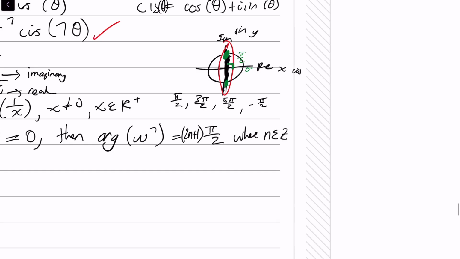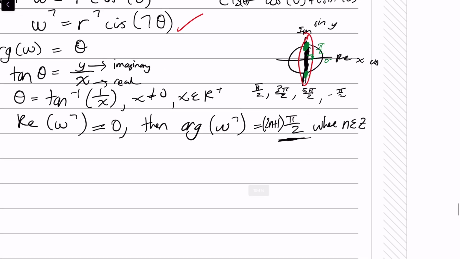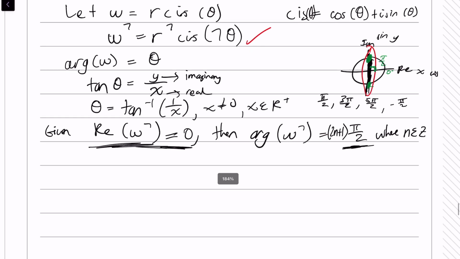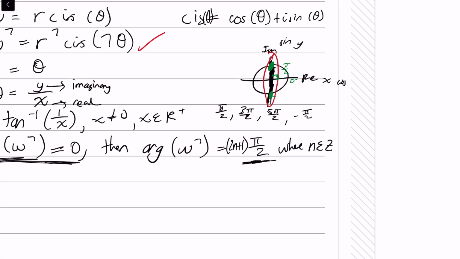My pi over 2 is my base point, and then I can have multiple different angles that still satisfy the condition where the real component for w to the power of 7 is equal to 0. Basically, multiple points on the y-axis. When I keep going around the unit circle for 3 or 4 revolutions, there are different angles I can make and different forms I can write for that angle.